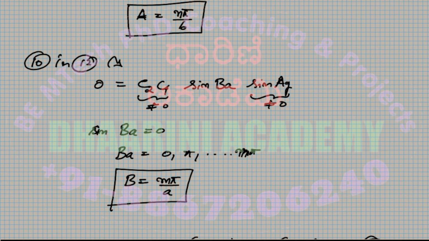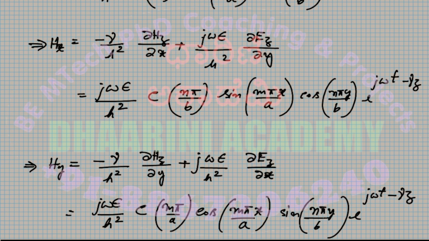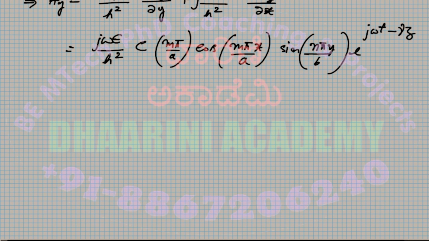Some of the components will become 0 whenever m takes an integer value. Similarly, when we substitute n as some integer value, some other components in our derivations become equal to 0. That's why we use the specific m and n. So whenever we substitute the various m and n values, we get the TM modes.